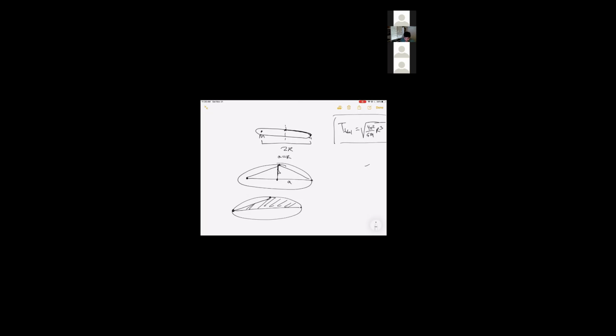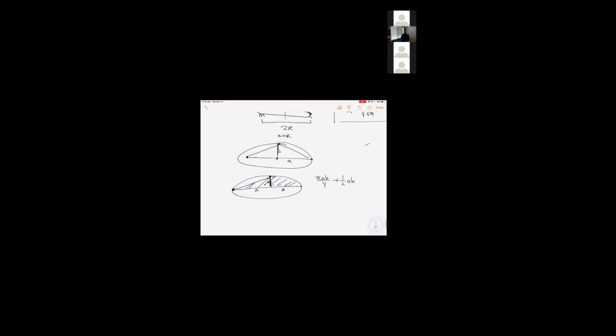Then if I draw this axis, this is A, this is B. What we get is that this area on the left is pi AB over 4, because the area of an ellipse is pi AB. And this triangle area right here is 1/2 AB. So the overall area is AB times (1/2 plus pi over 4).